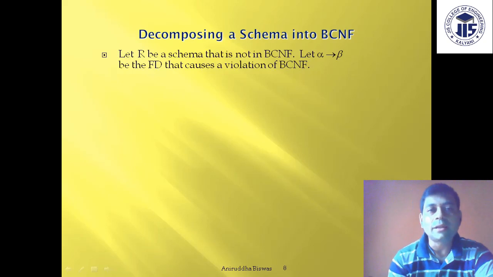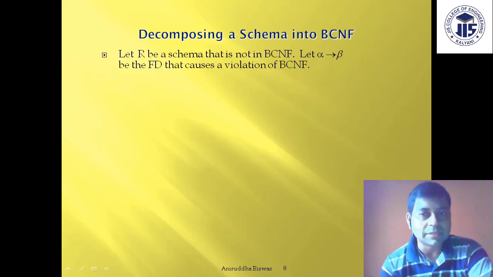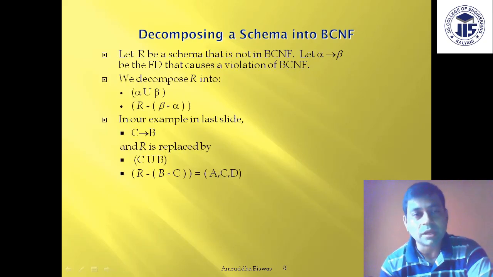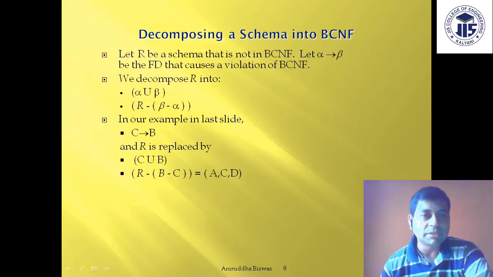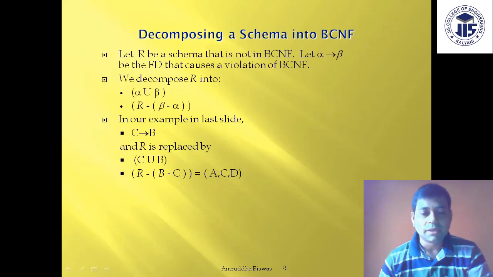So let R be a schema that is not in BCNF, and let alpha determines beta be the functional dependency that causes a violation of BCNF, right? Now we decompose R into alpha union beta, and we subtract beta minus alpha from relation R. Let's give an example here, otherwise it will be a little confusing.